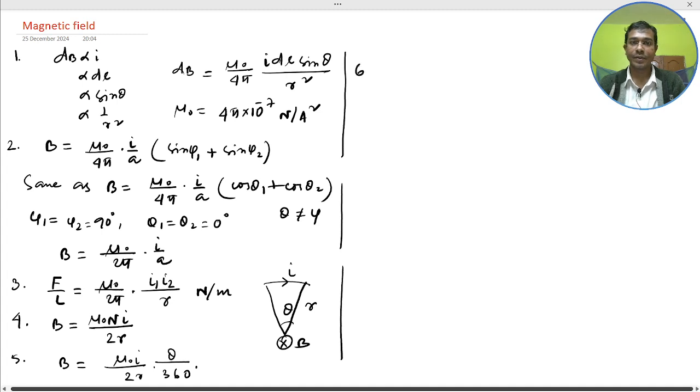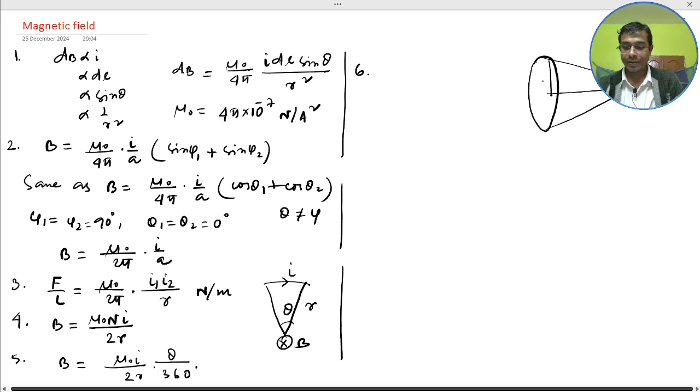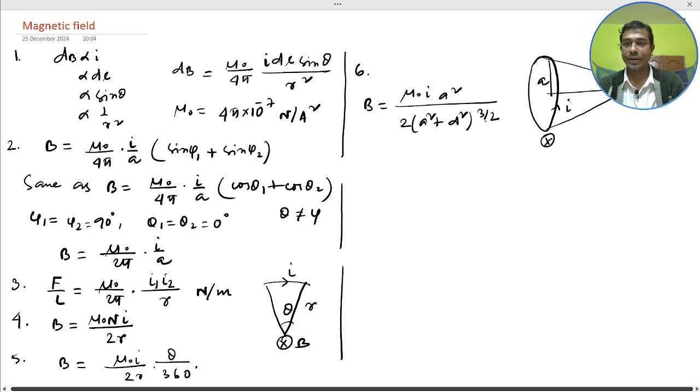Next one is the field at an axial point due to a circular loop. This is a circular loop, with the point where we have to find the field, this is the A and the R, and this is current I. For a circular loop, the magnetic field would become mu naught I A square divided by 2 (A square plus D square) to the power 3 by 2.